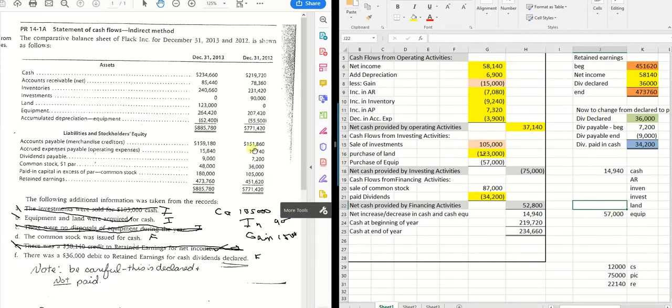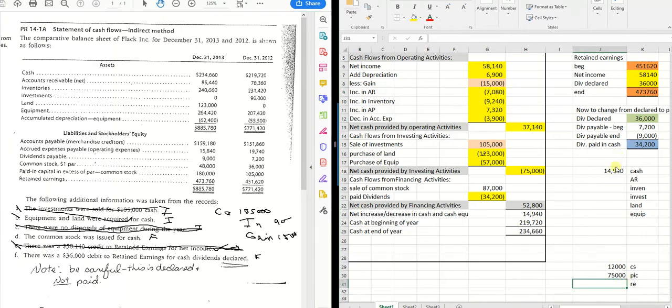And I have purchase of equipment because equipment went up from 207 to 264, so I have $57,000 of equipment. Cash goes out the door if I buy it. So now I'm done with my investing section. I've already done the dividends in that. And actually I've gotten retained earnings taken into account because of the 58,140 up here, and I accounted for the 36,000, so I can delete that.